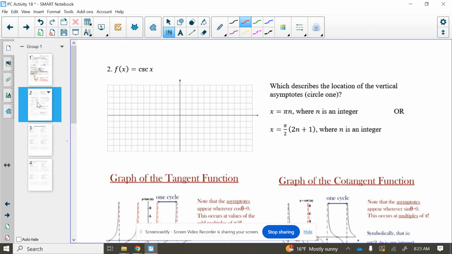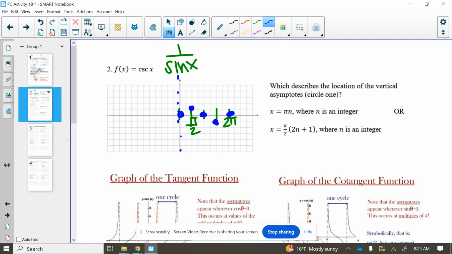For our parent function then of cosecant, that is going to be 1 over sine of x. So again, we have our parent function of sine that repeats by 2 pi, and each time we are going up by pi over 2. Sine starts on our midline, goes up to the max, back to the midline, down to the min, back to the midline.